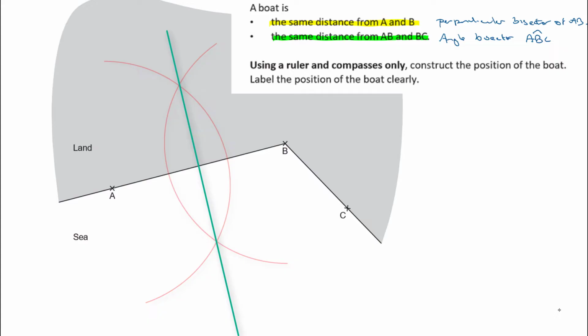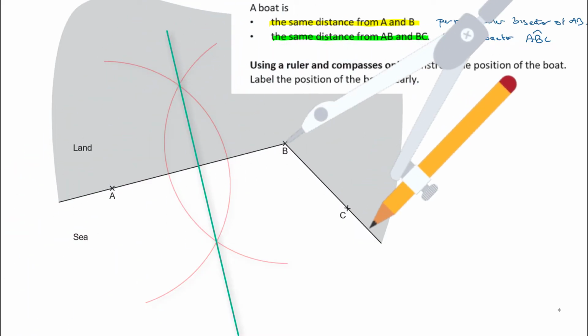Okay, so it's somewhere along that line, and the next thing we need to do is to find the angle bisector of ABC. So again, we set our compass to a particular width. We put the compass point at B and cut AB and BC to find 2 marks.